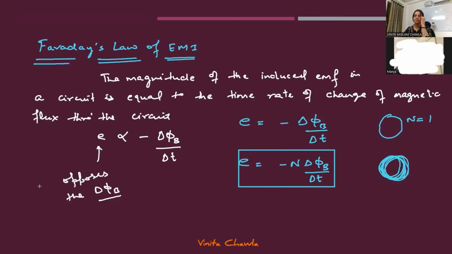Clear? This is for n turns and this is for 1 turn. Clear?